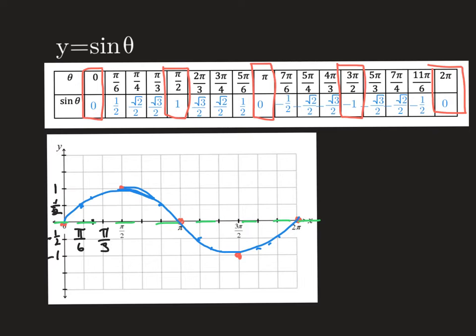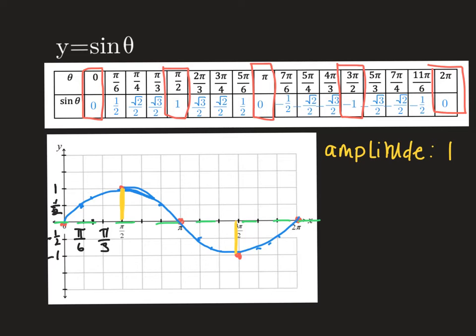And then my amplitude is the distance between the midline to the max, or between the midline to the min. So in this problem, I have an amplitude of 1.